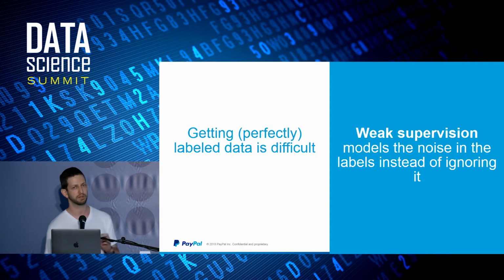Just looking at not the label, but labels, and asking ourselves how accurate they are is a very, very important step forward. And even though there are many approaches to get more labeled data or better labeled data, weak supervision is one less well-known approach that tries to model the noise in the labels instead of ignoring it.